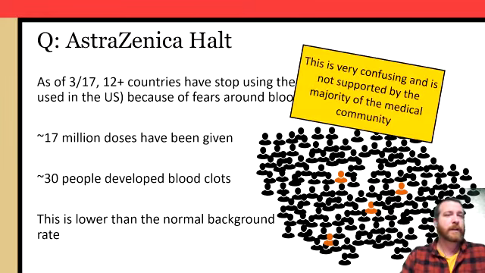Thirty per 17 million in the period of time we're talking about is actually lower than the background rate of clots.